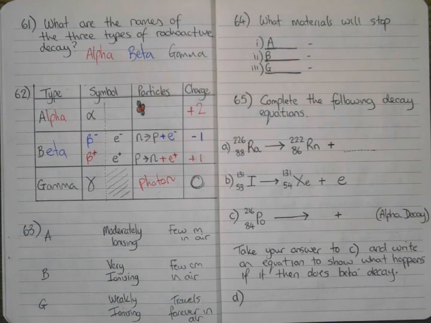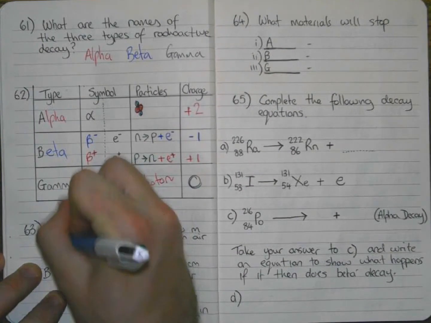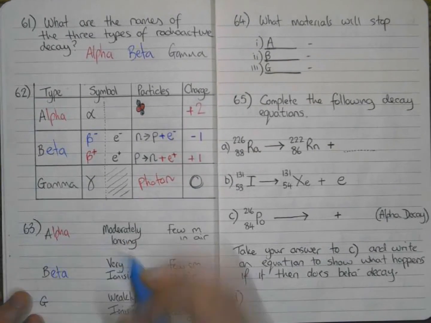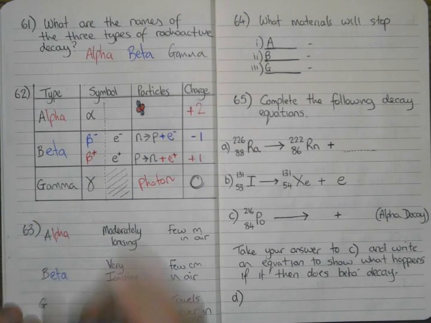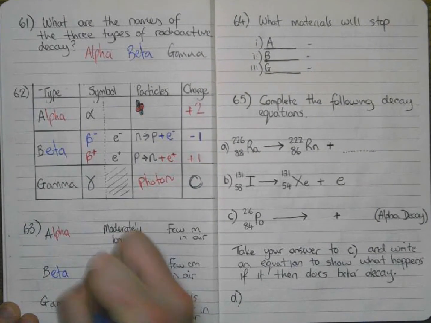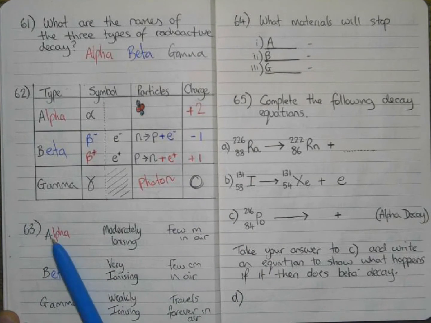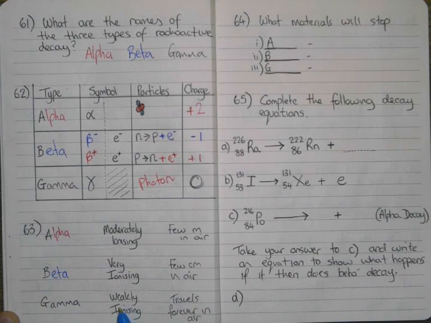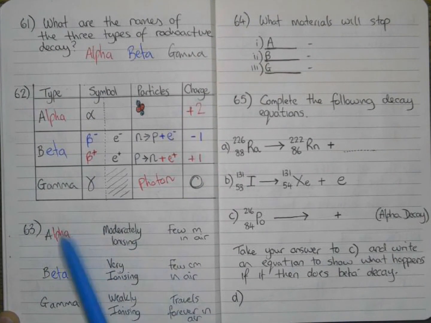What we have to do in this question is match up alpha, beta and gamma, and we've got to connect them with lines. So for example, alpha, I need to draw a line from alpha to that one, or to that one, or to that one, and then once I've drawn it to there, I'm going to follow it and go to that one, and that one. So which ones go with which?